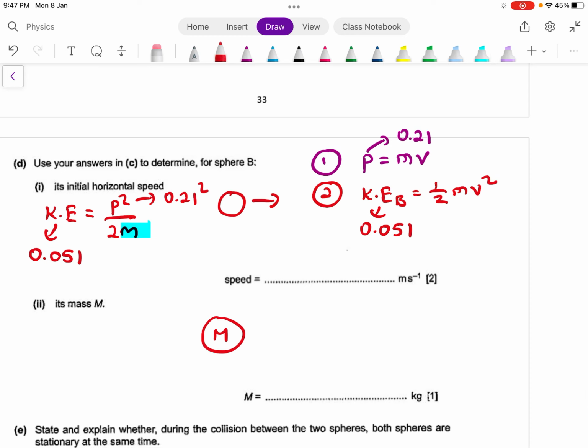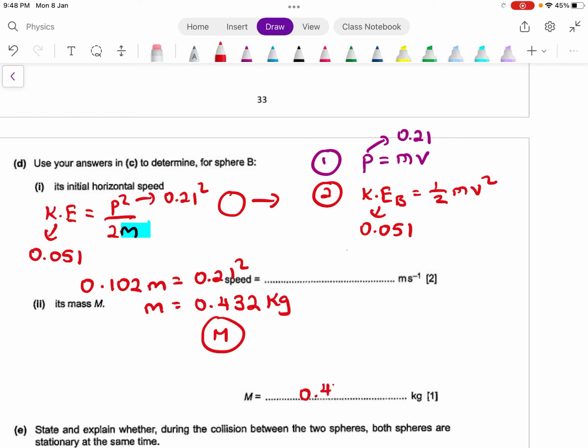So it's 0.051 times 2, so roughly what you will get is 0.102 m. So this will give you 0.21 squared. So m will be 0.21 squared divided by 0.102. So the mass of sphere B will be roughly 0.432 kg.